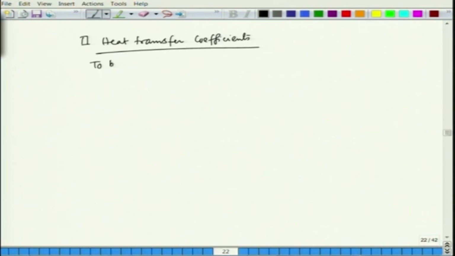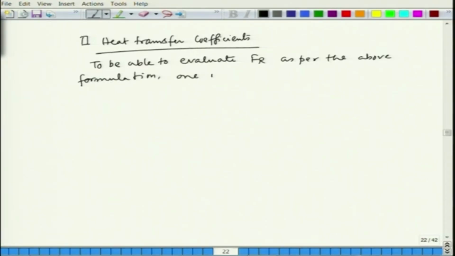So, to be able to evaluate FR as per the above formulation, one needs to have the heat transfer coefficients.